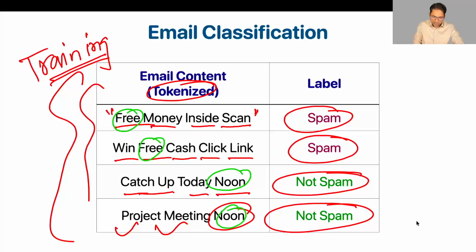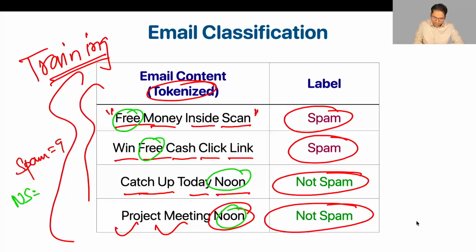And how many total words do we have? 1, 2, 3, 4, 5, 6, 7, 8, 9. So spam has a total of 9 words. And for not spam, how many? 1, 2, 3, 4, 5, 6.